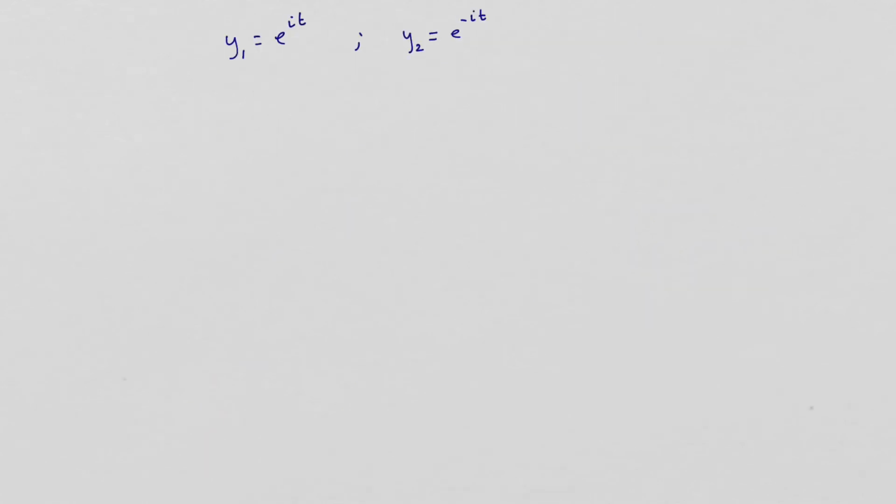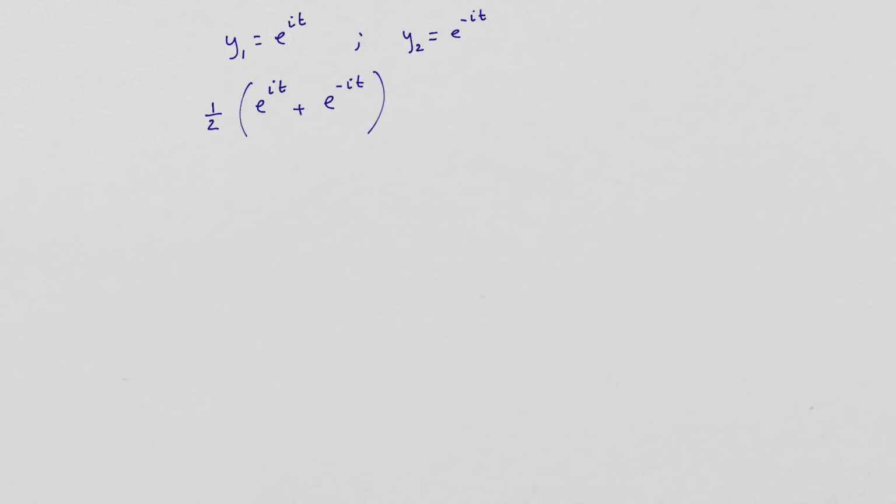And we learned last time that the principle of superposition applies, which means any combination of these two should also give me a solution. And I'm going to choose this combination: half of e to the it plus half e to the negative it.